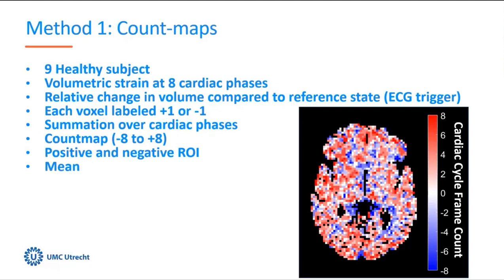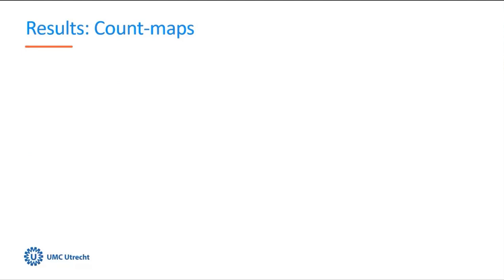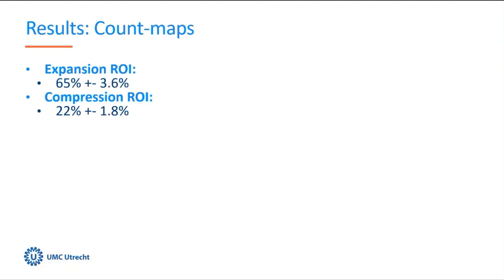And I took the mean of each ROI to see how it looked. Well, the results for this map were that the expansion ROI covered 65% of the whole brain map.